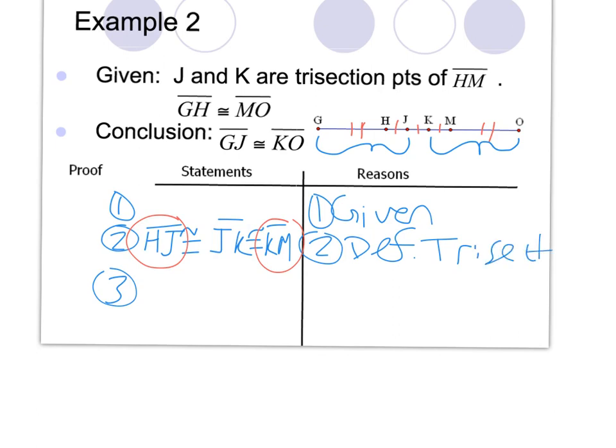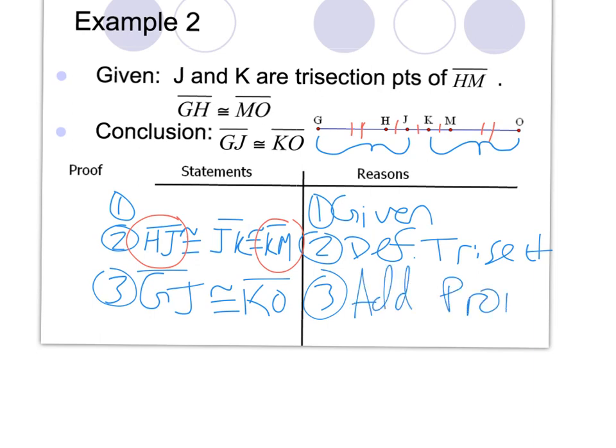And then I think we're already at our proof, right? Because all we're going to do right now is some addition. So, addition property, add prop. We've used addition and subtraction in the past, but not totally in this context where we're not dealing with real values.